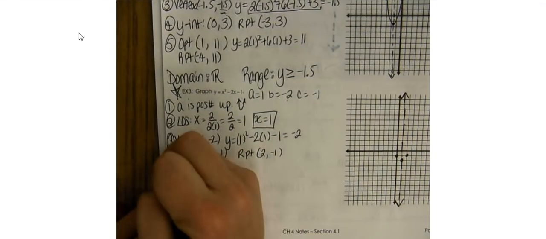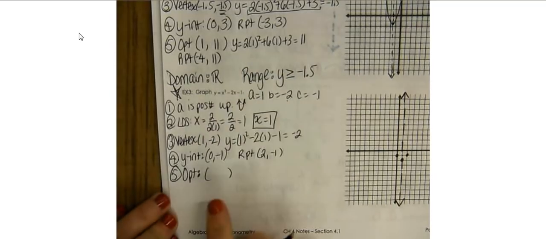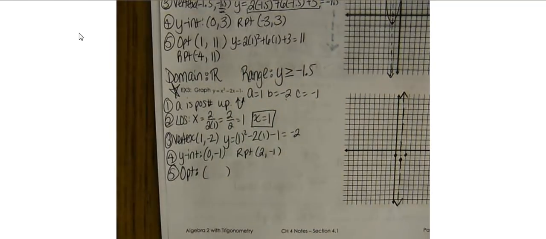Step number 5, I need to come up with an OPT. That means that I need to let x equal a number outside of what I've already used. So 1 I cannot use, 0 I cannot use, 2 I cannot use, so I'm going to let x equal 3. Just keeping this easy. So I'm going to write y is equal to 3 squared minus 2 times 3 minus 1.